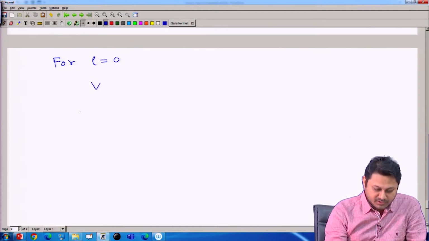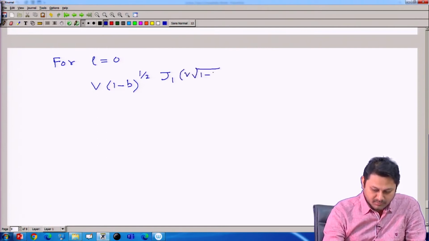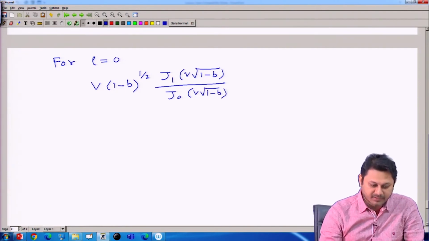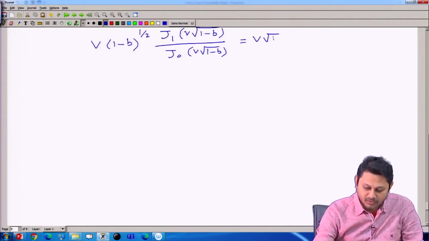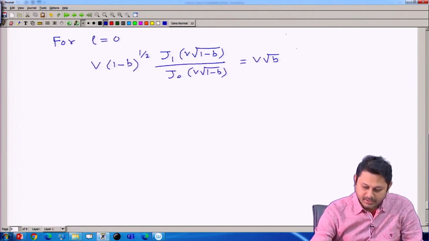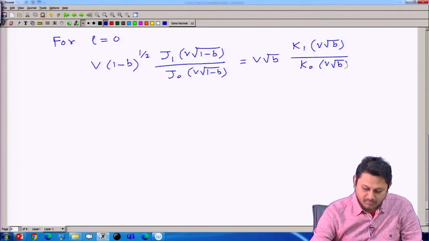I have the transcendental equation, V 1 minus B whole to the power half J 1 V 1 minus B divided by J 0 V 1 minus B. This is my left hand side of the transcendental equation, and the right hand side I have V root over of B K 1 V root B divided by K 0 V root B.